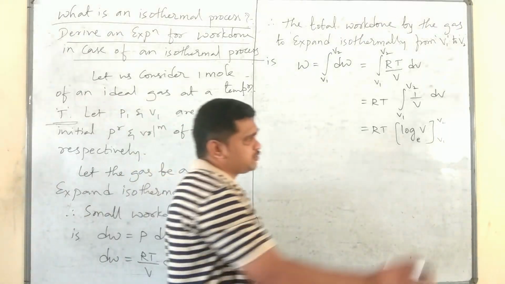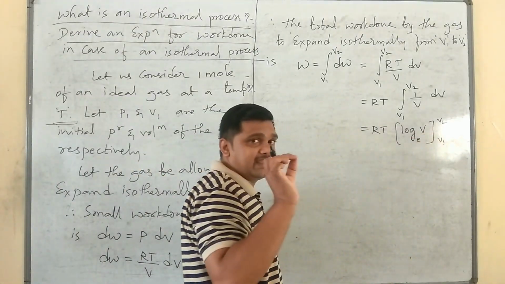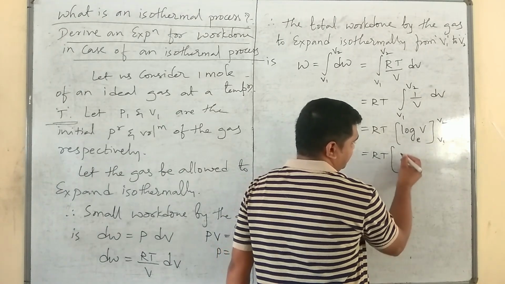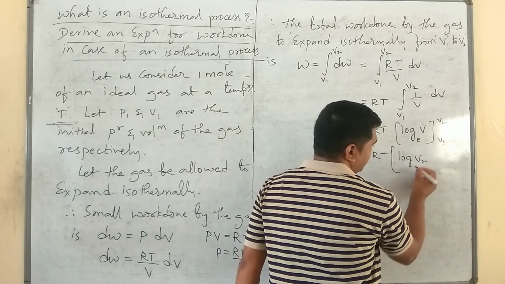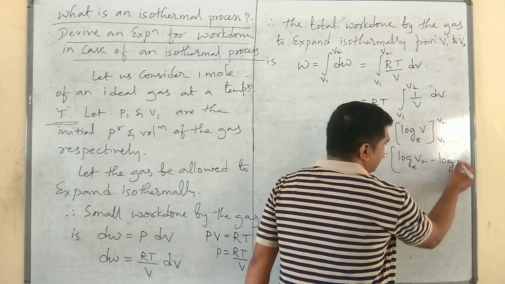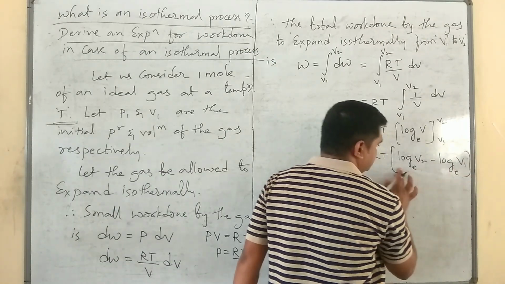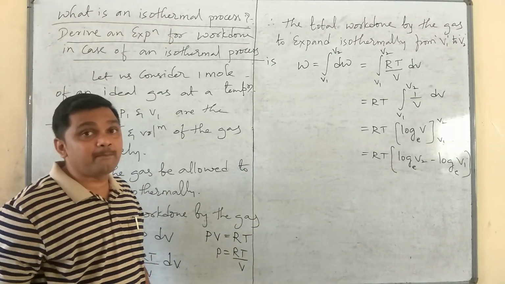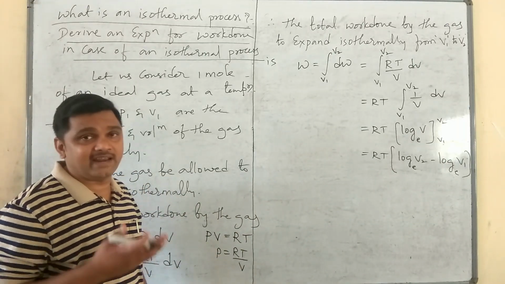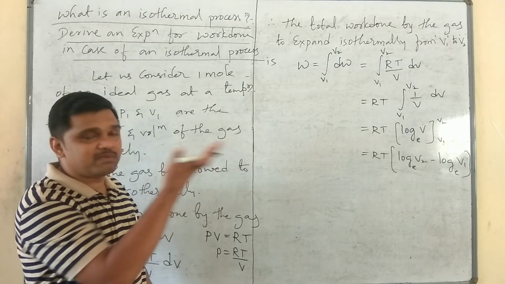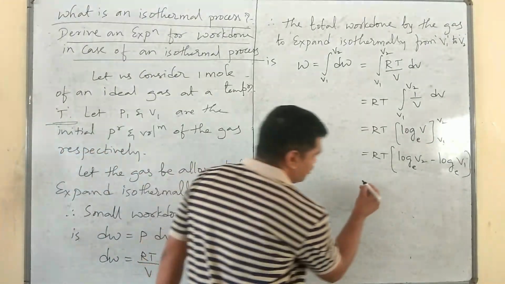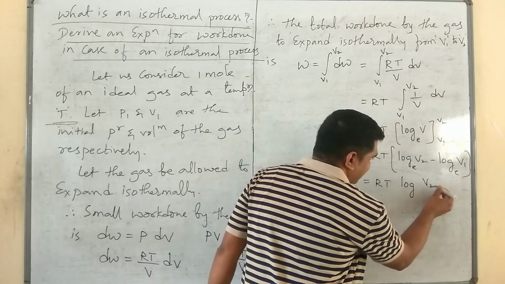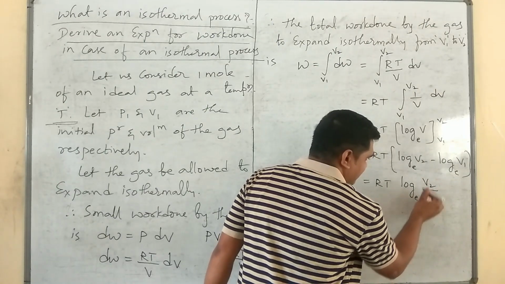Next, let us substitute V2 first. Then put a negative sign and then V1, so that we get RT times log V2 minus log V1 to the base e. It is of the form log M minus log N, which, as you know well, is log M by N, that is V2 by V1.